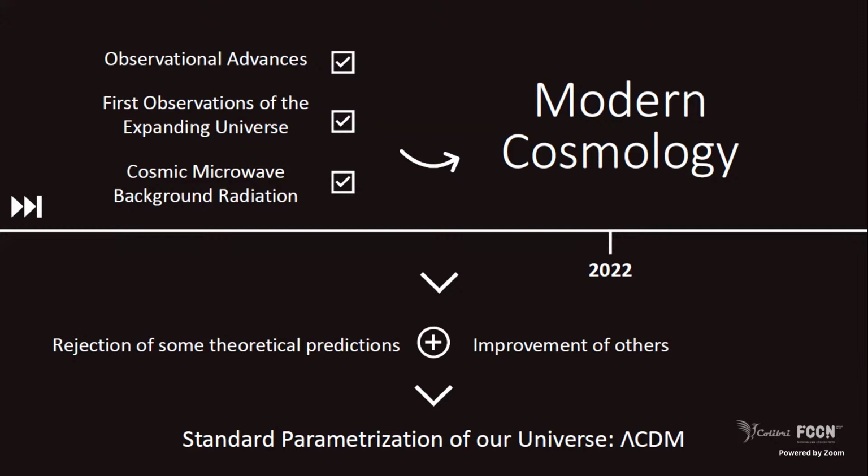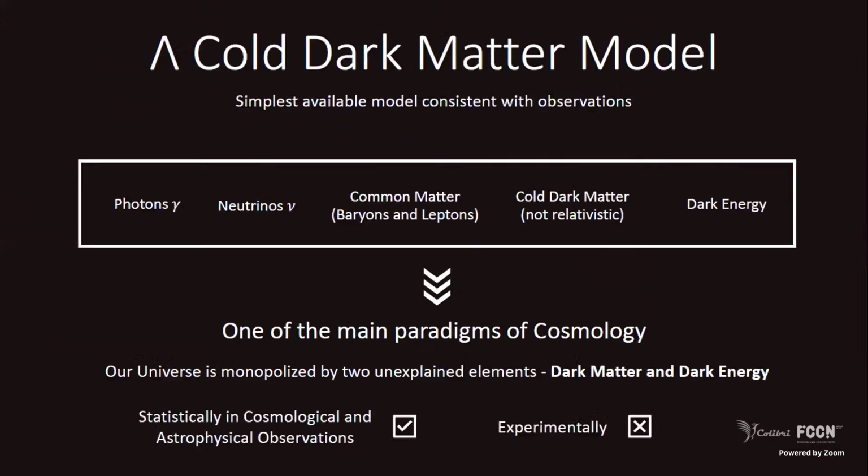In this new era, we have to reject some of the theoretical predictions, but on the other hand, we have the improvement of others. And with all of these improvements, we can reach a standard parameterization of our universe called the Lambda cold dark matter model, the Lambda CDM. This model is the simplest available model consistent with the observations made so far.